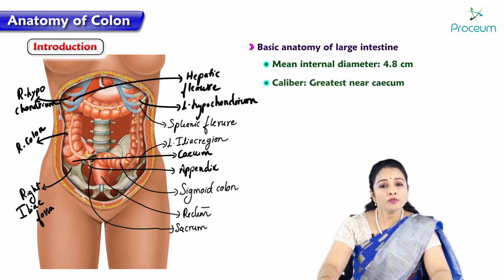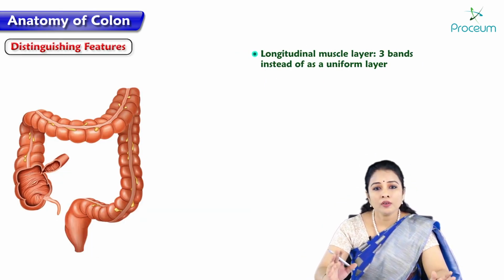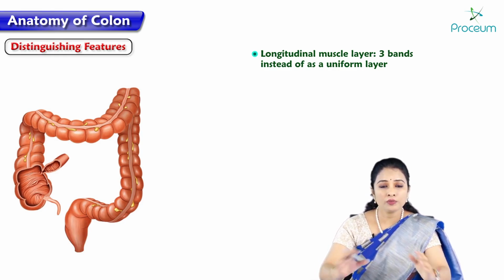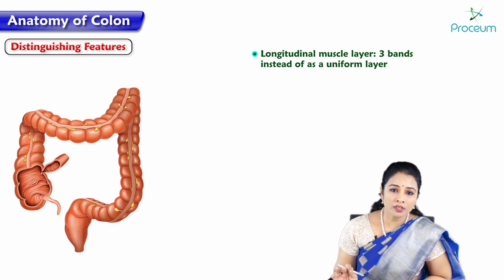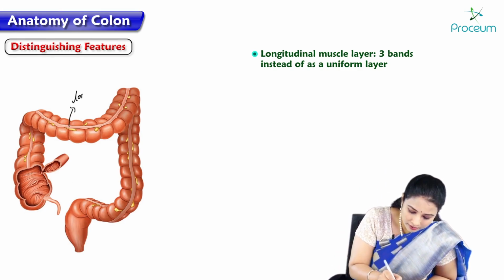The caliber of the colon is greatest near the cecum, so the cecum is the widest part of the large intestine. The longitudinal muscle layer forms three longitudinal bands instead of uniform thickness all around the colon. Here is the longitudinal muscle layer.